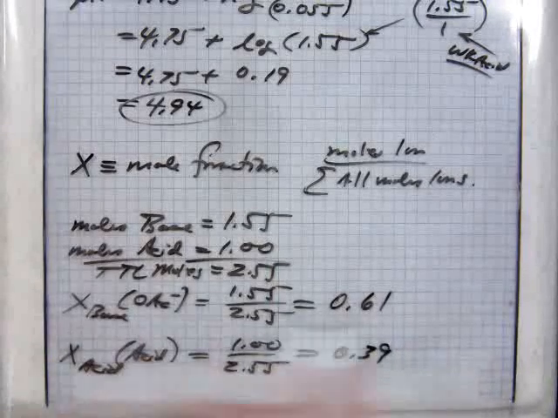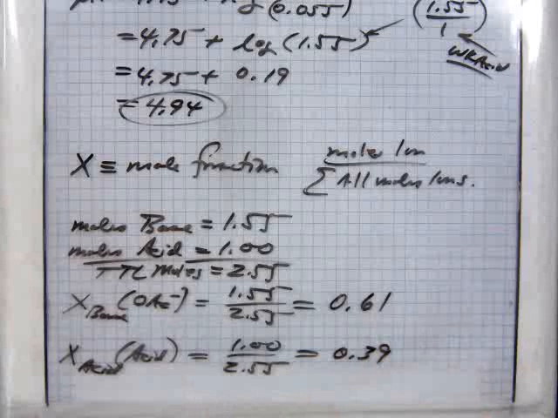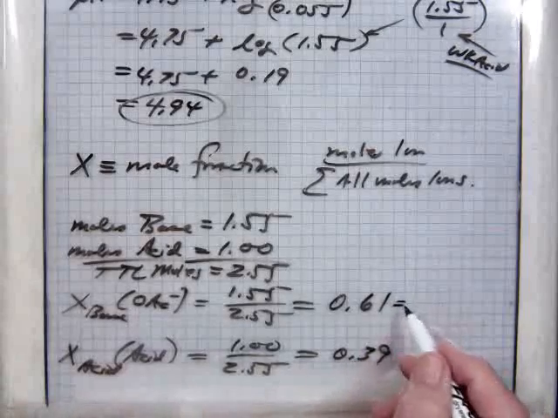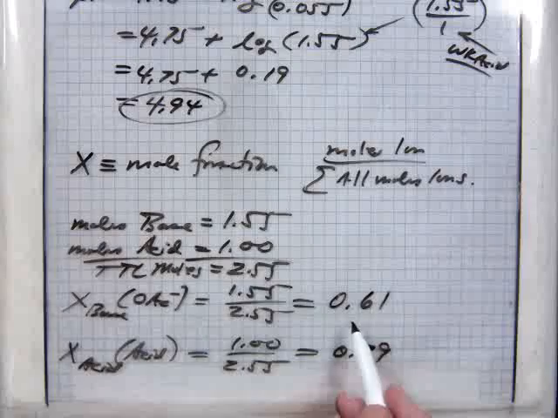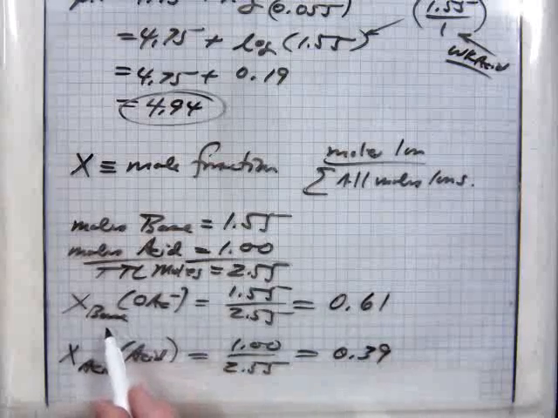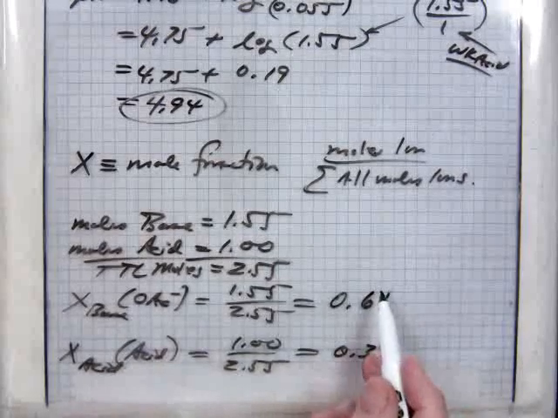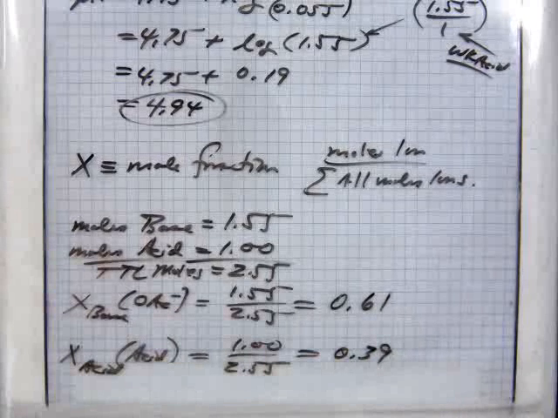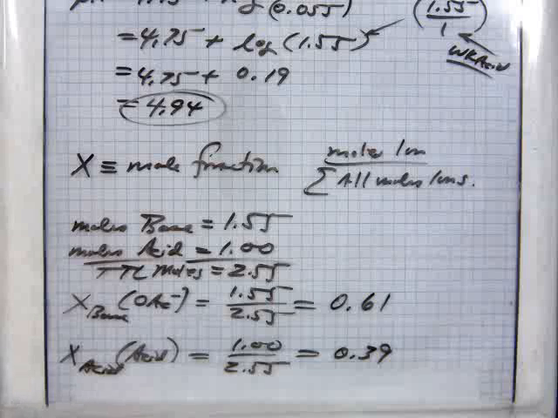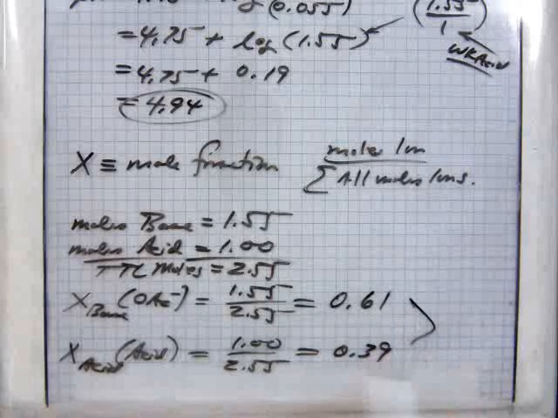So these are kind of like percentages, but they are left in fraction. That is, 61% of your solution is the conjugate base. So you have a high conjugate base concentration and a lower acid concentration. And so that will be used shortly in buffer preparations.